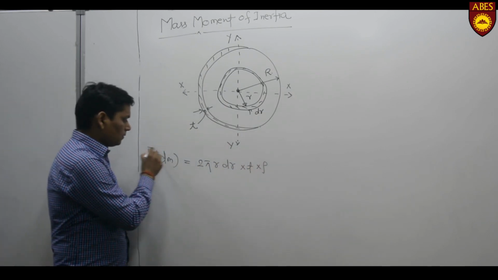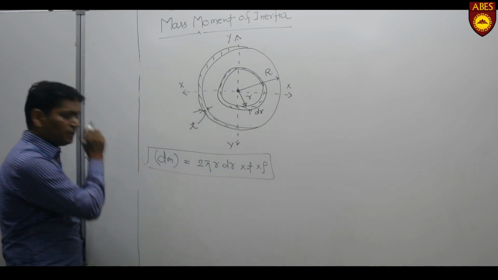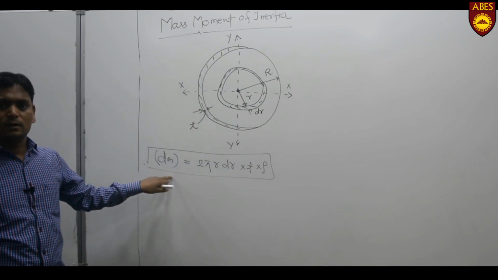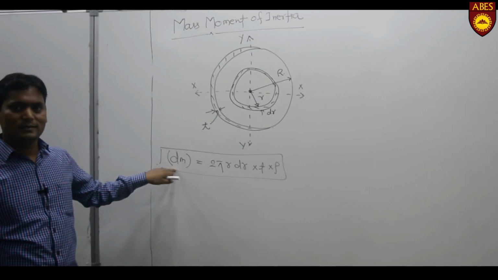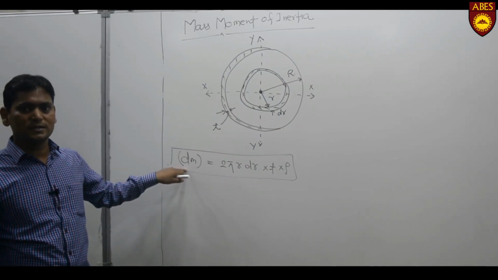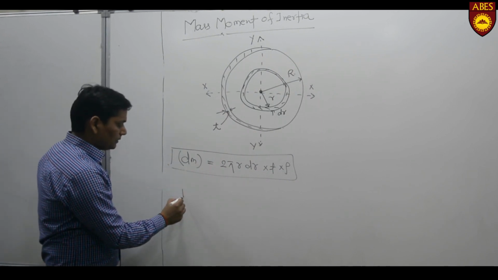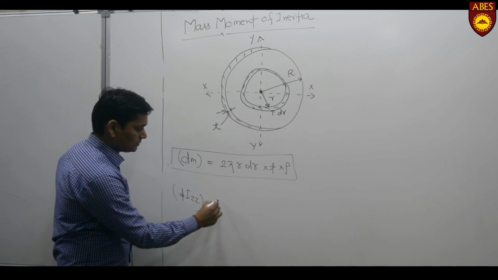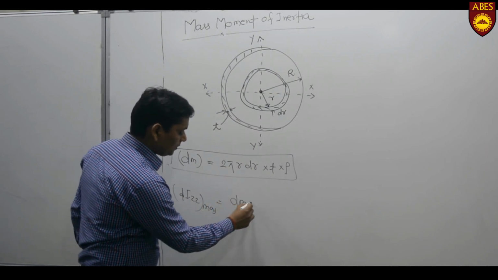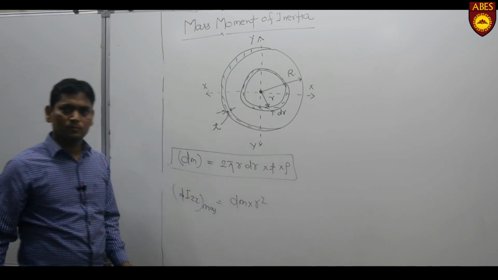Now we will take the mass moment of inertia of that elemental strip about the z axis. It will be dIzz mass equal to dm into r square.